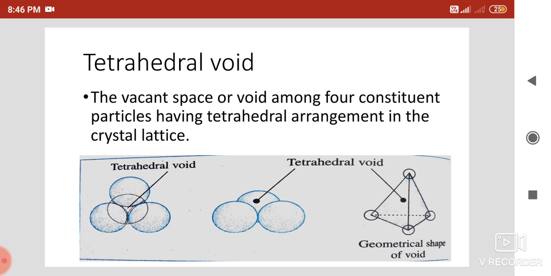You can see this in the first figure or the second figure. The triangular void is made by three coplanar spheres, with the fourth sphere either above or below. Then that void is the tetrahedral void.